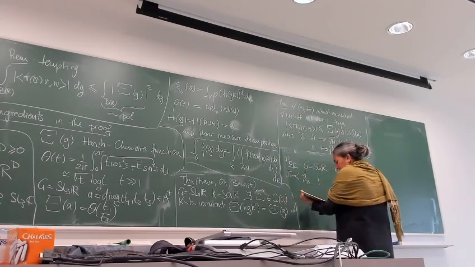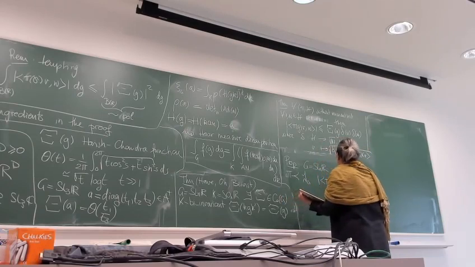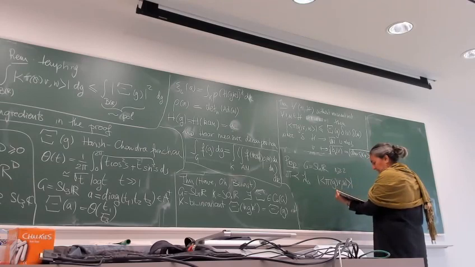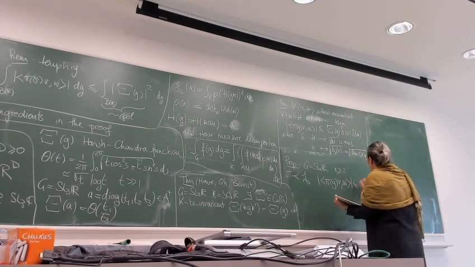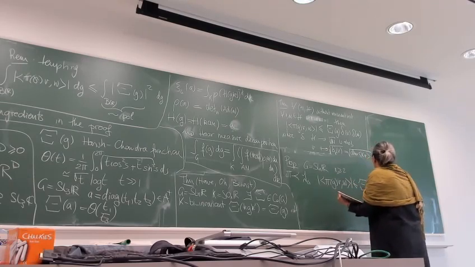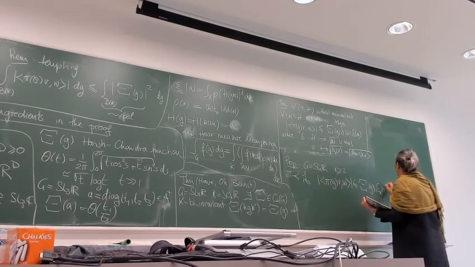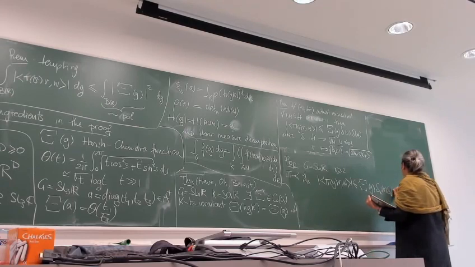Then you can estimate that the inner product of gv, w is less than or equal to your Harish-Chandra function times the norm of v, the norm of w.